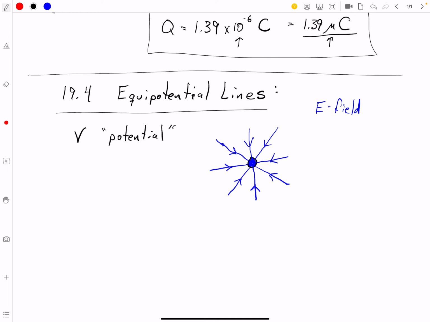Here, exactly a certain radius away, that's a radius r, we have a potential V, okay?